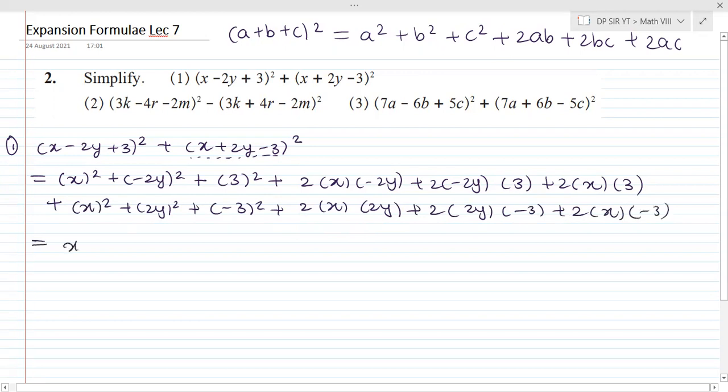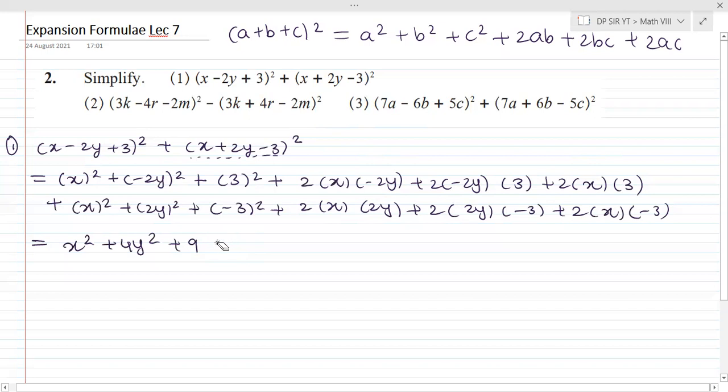Next, there is going to be x square plus 4y square plus 9 minus 6x, if I am not wrong. Here, look carefully: the terms will cancel. 2x into minus 2y and here it's 2x into 2y, so you cancel it there itself, then you will get 6x.